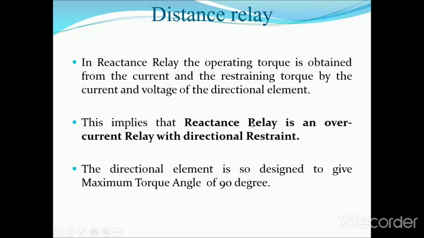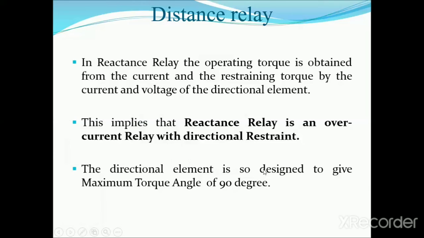This implies the reactance relay is an overcurrent relay with directional restraint. We already observed the overcurrent relay and the directional relay in the previous class. In this relay we operate with both combinations.